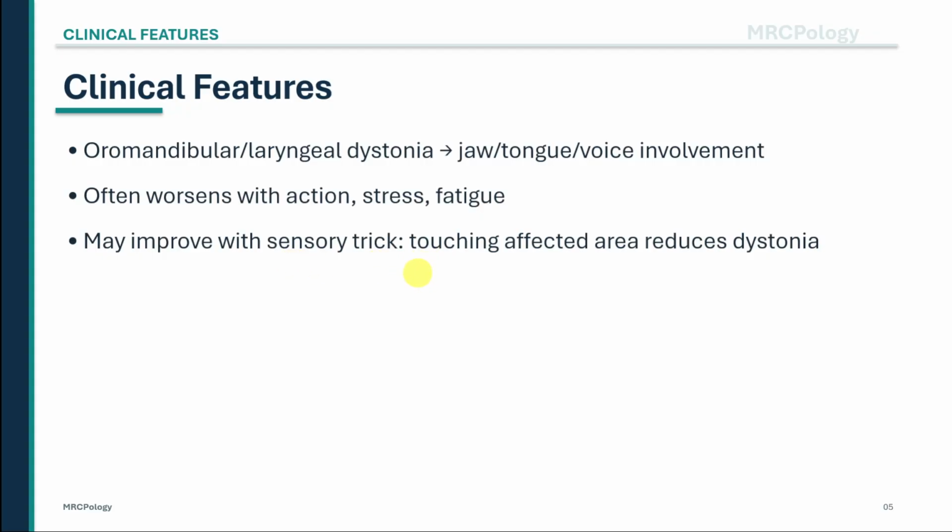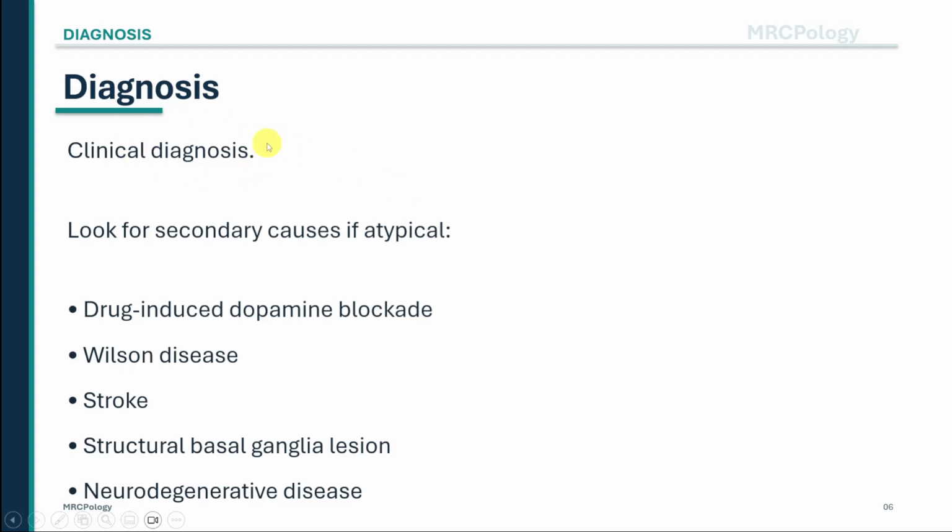Diagnosis is mainly clinical. You recognize the pattern: involuntary muscle contraction, abnormal posture, task specificity, action worsening, and sometimes improvement with a sensory trick. But do not stop there if the presentation is atypical. In MRCP, you must think about secondary causes. Drug-induced dystonia can occur with dopamine-blocking drugs, such as antipsychotics or antiemetics.